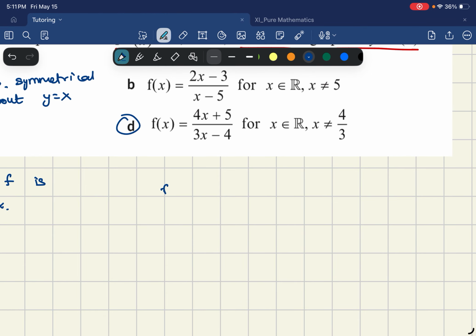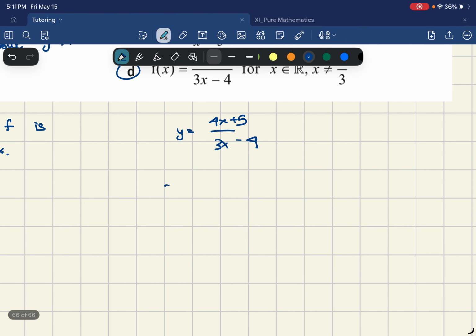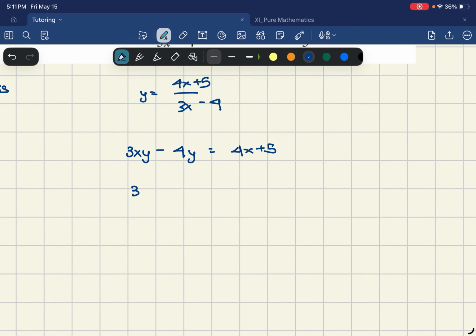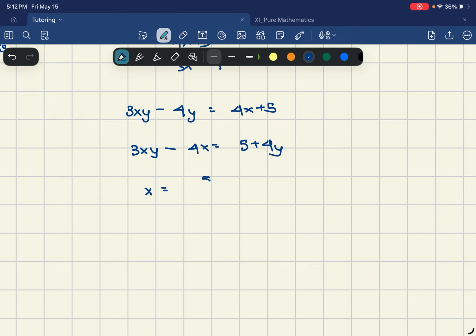So D is 4x plus 5 over 3x minus 4. So you get 3xy minus 4y is equal to 4x plus 5. You get 3xy minus 4x is equal to 5 plus 4y. You get x is equal to 5 plus 4y divided by 3y minus 4.